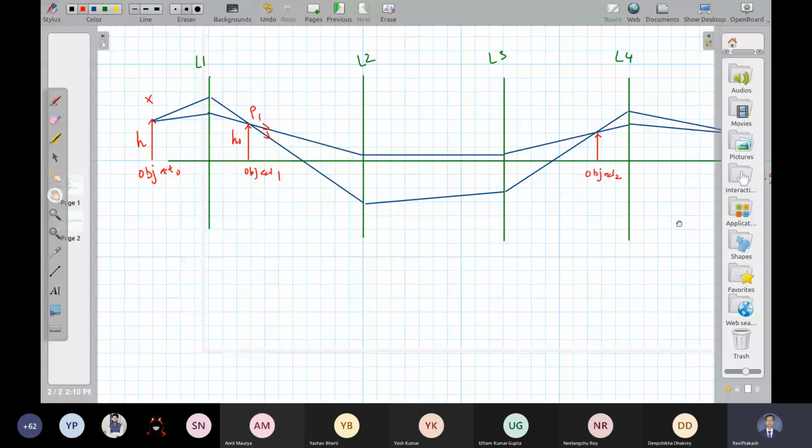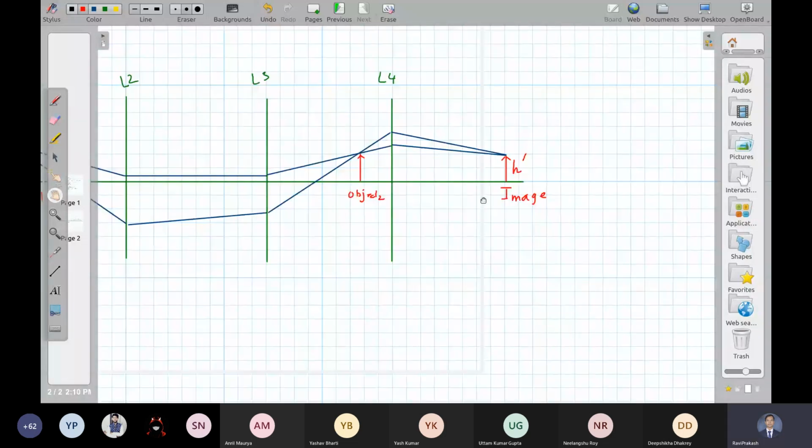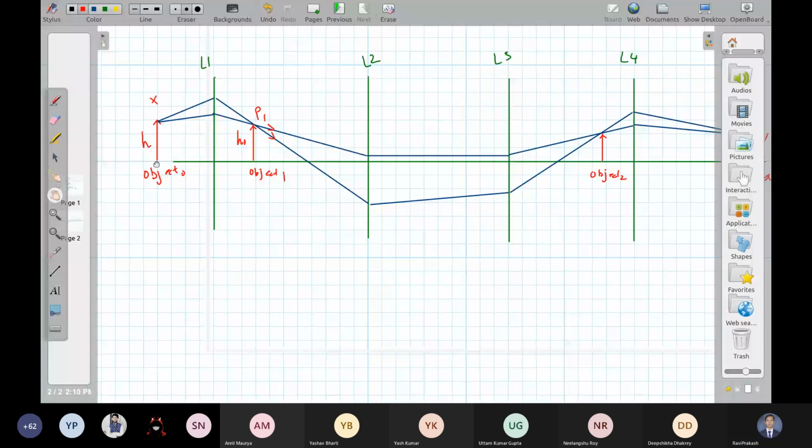What will I see here? What do you expect here? I have 3 objects placed at particular positions. The first object is placed here, let me call it O0. The second object O1 is placed here. The third object O2 is placed here.